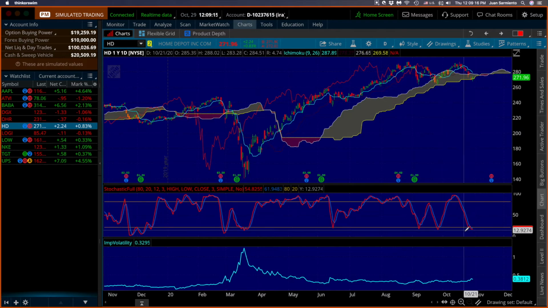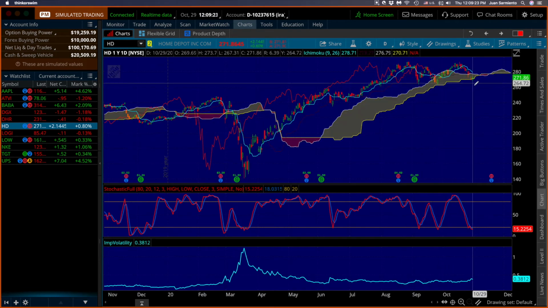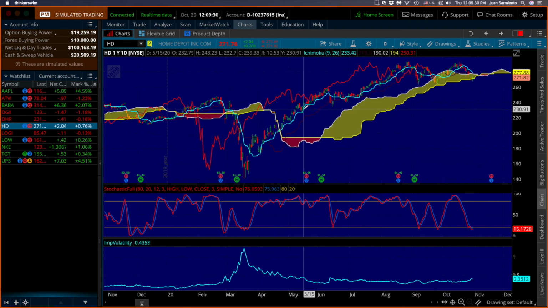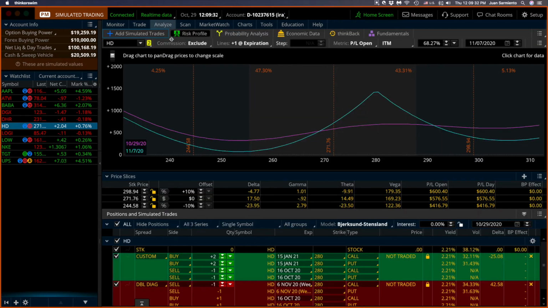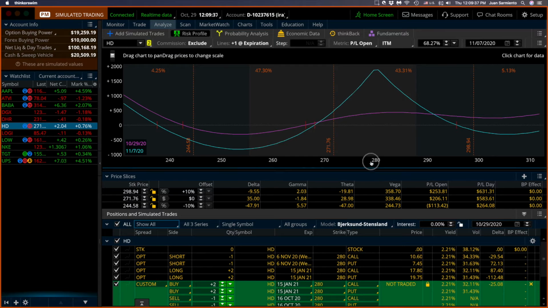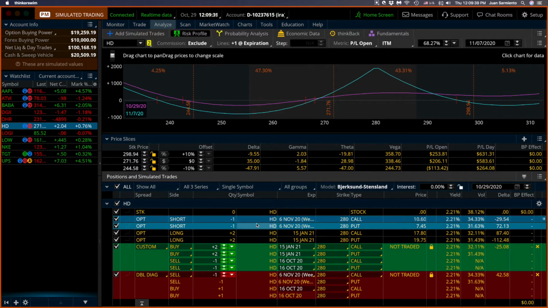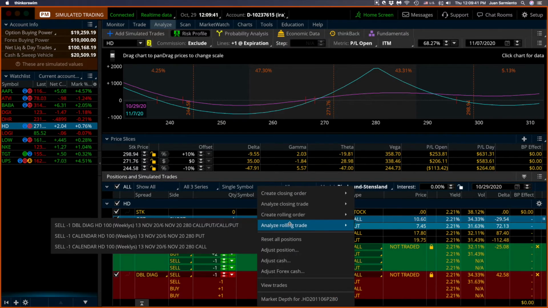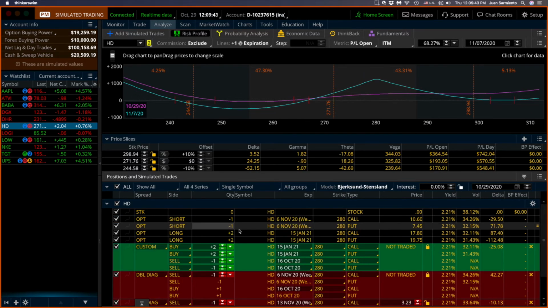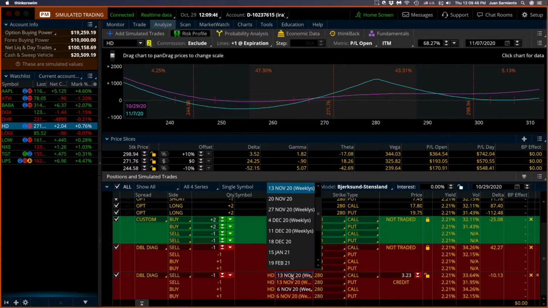And I think this stock is moving, and it's near the top. It could find a bottom here and rally to new highs, or it could break down and make a big move, is what I'm saying. So all I need to do now is to complete my rollover. Okay, so select the shorts and then Analyze Rolling, and we are going to go to December the 4th.